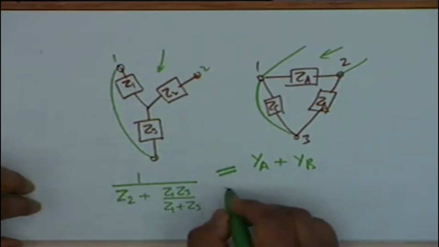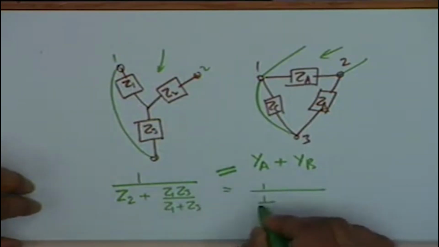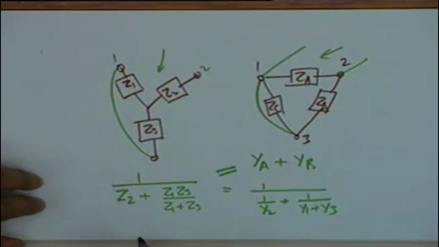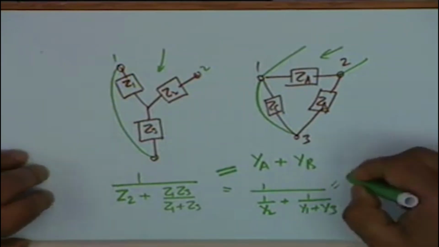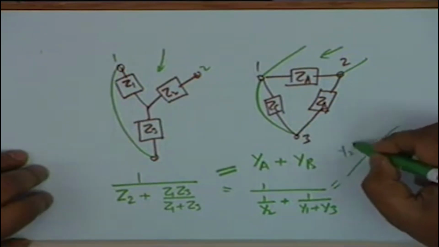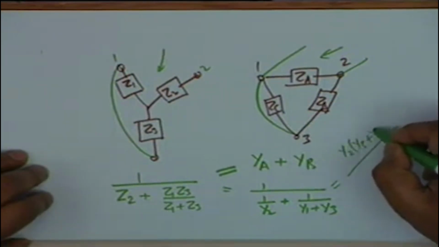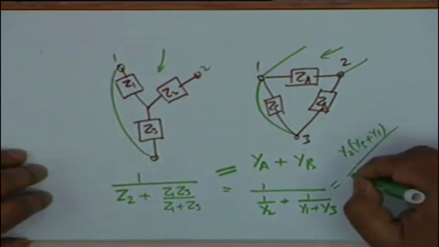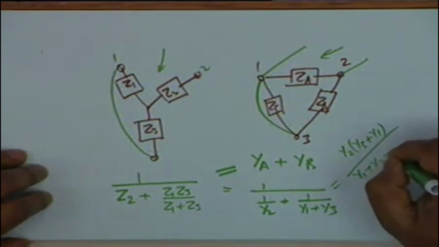I can write this as 1 over Y2 plus 1 over Y1 plus Y3, which I can simplify as Y2 Y3 plus Y1, writing in a circular fashion, circular symmetry, divided by Y1 plus Y2 plus Y3.